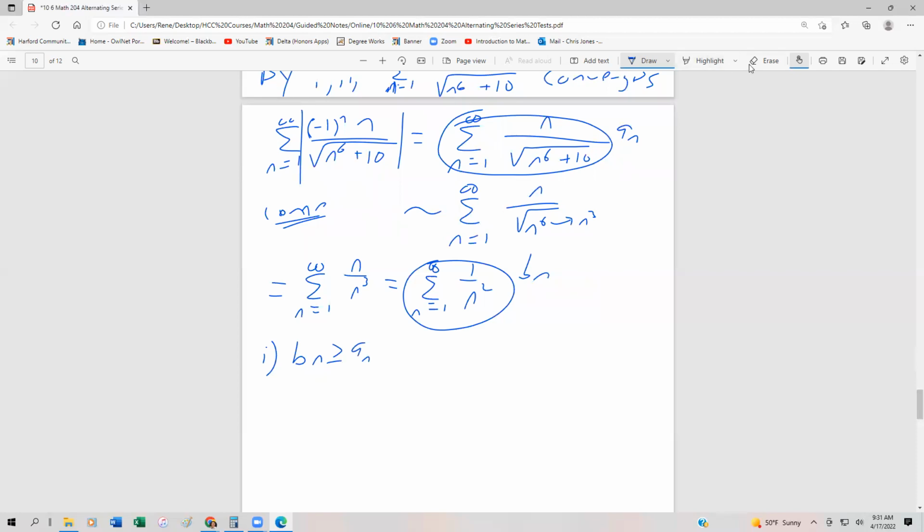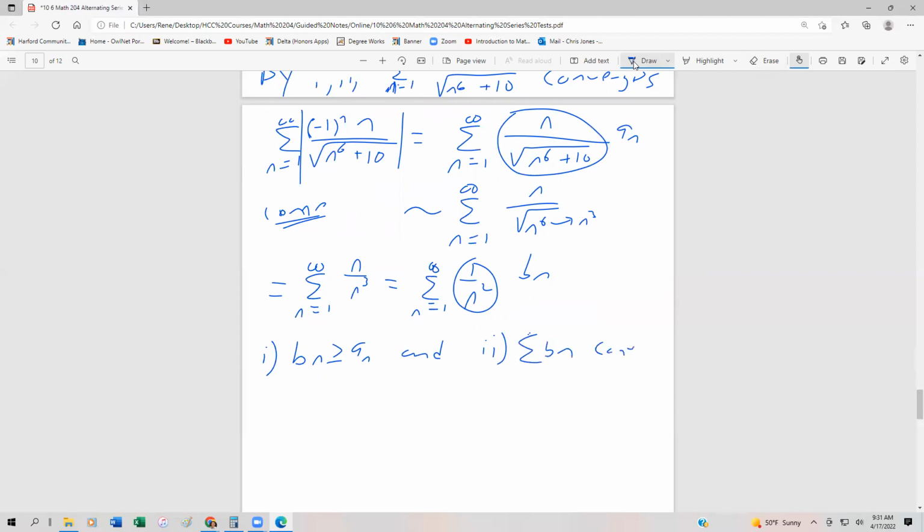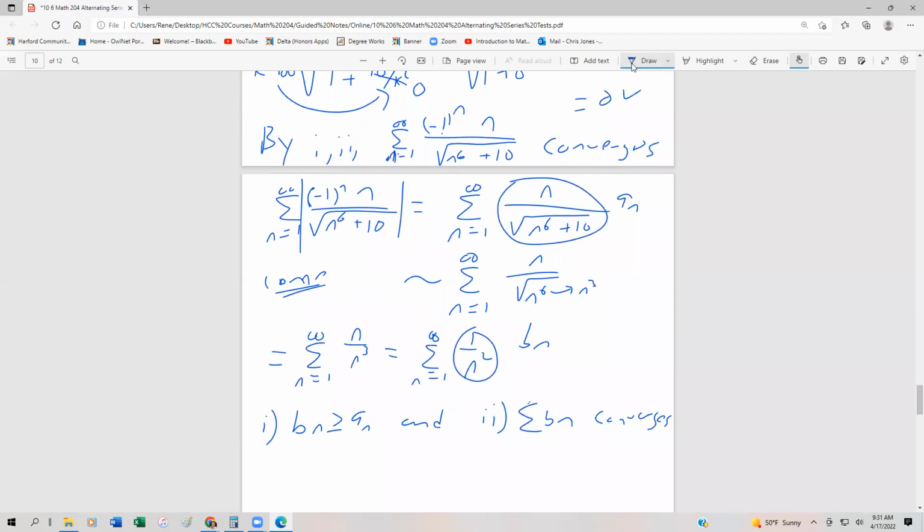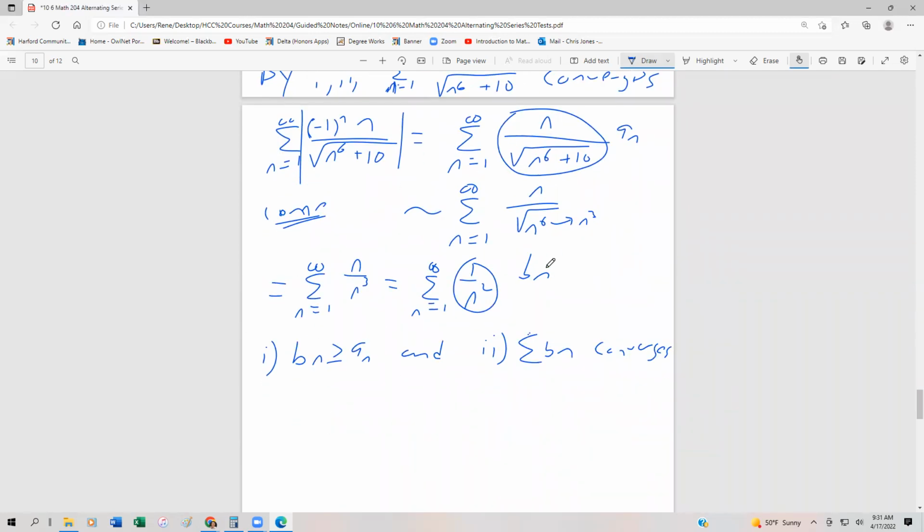Note that b sub n and a sub n are the sequences, these two, not the series themselves. The second condition is that the series of b sub n converges. So if the terms of b sub n are bigger and b sub n converges, then a sub n converges.